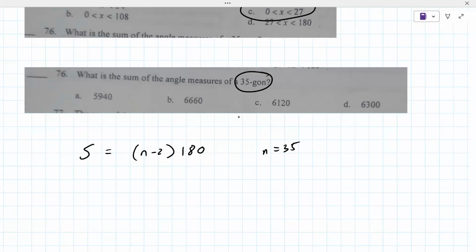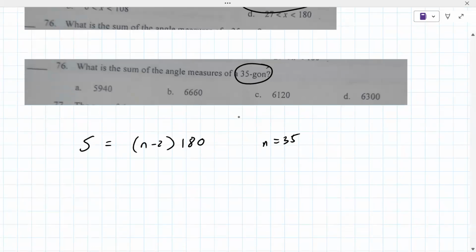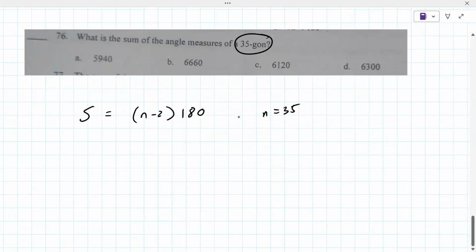Are you allowed to use a calculator? Yeah. Okay, so grab your calculator. See if you can calculate this for us, please. Okay. I don't think I did it right.